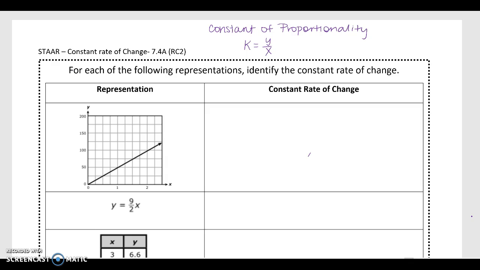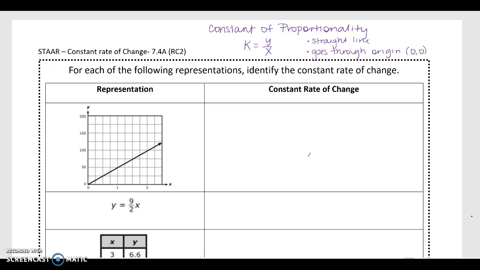Okay, so let's take a look at the first problem. Here it has a graph that represents a constant rate of change. A constant rate of change, or a proportional relationship, is represented by a straight line, and it goes through the origin, which is 0, 0.